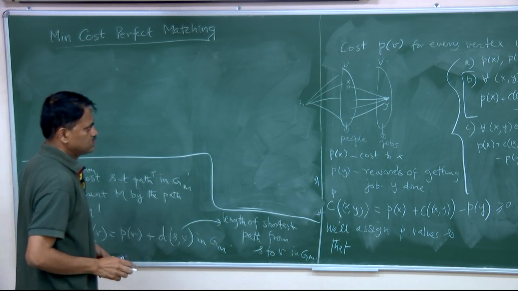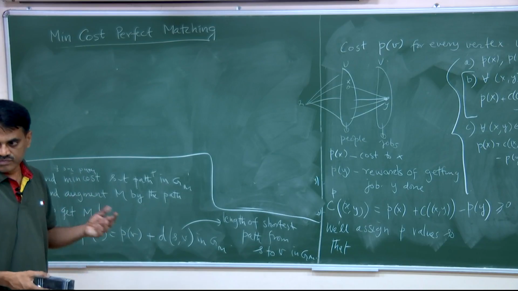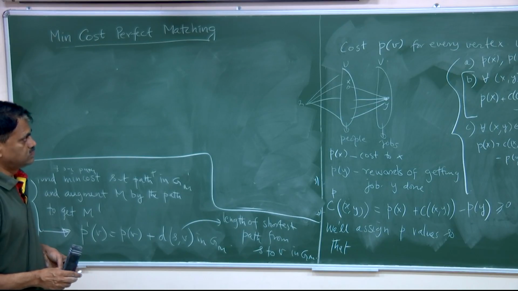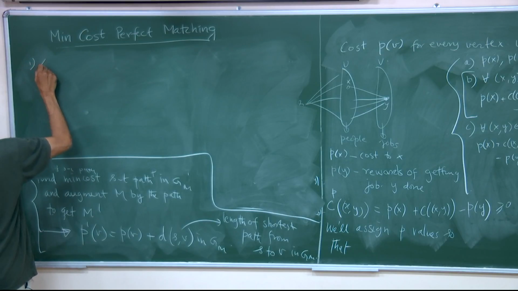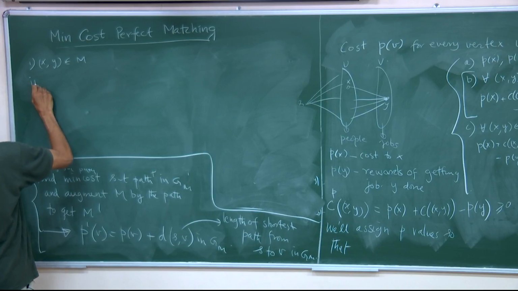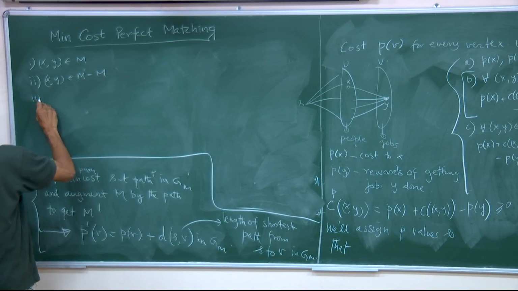What we need to show is that the second condition is fulfilled for p prime. As x is in some matching, the sx path is not. So what did I want to show? I think these three conditions is what I remember. xy is in the new matching but not in the original matching.